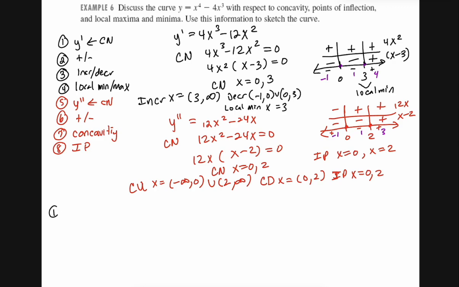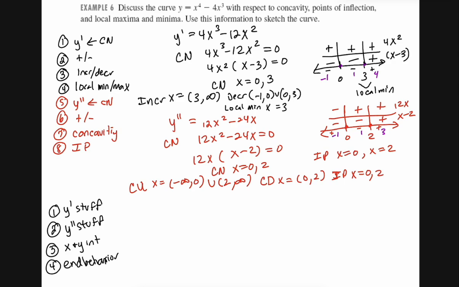The first thing you want to do is the first derivative stuff. That's steps 1 through 4. Second thing we want to do is the second derivative stuff. Next thing we want to do is find the x and y intercepts. Fourth thing we want to do is find the end behavior.